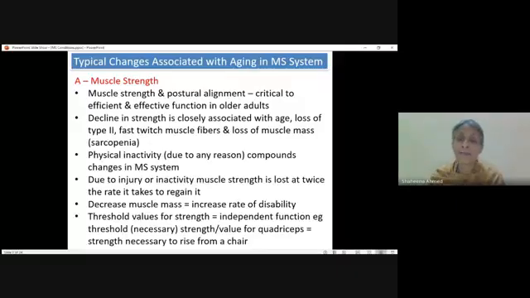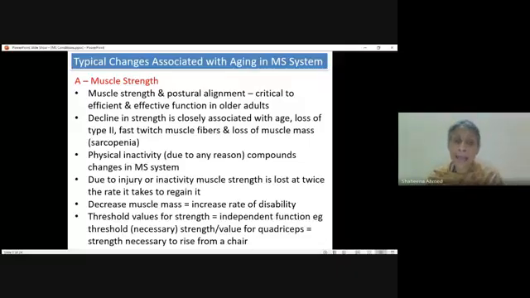And as physical activity decreases, the muscular system also becomes more dysfunctional. The more active you are, the more efficient your musculoskeletal system is. The less physical activity there is, the more ineffective your musculoskeletal system becomes.